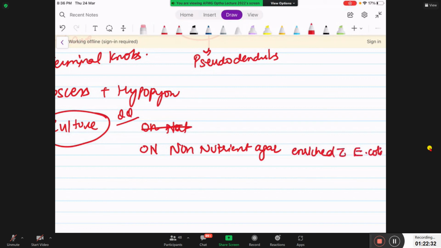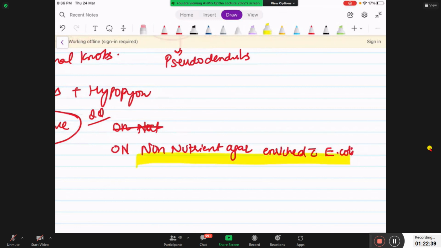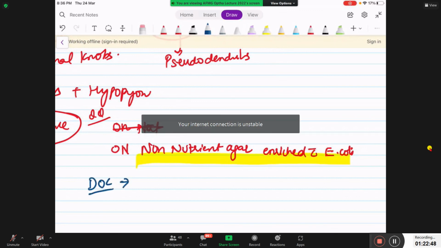So they will ask you the culture media for acanthamoeba. The answer will be non-nutrient agar enriched with E. coli.